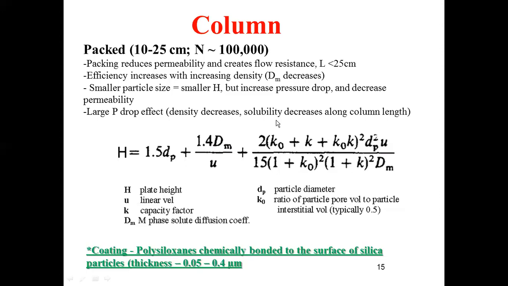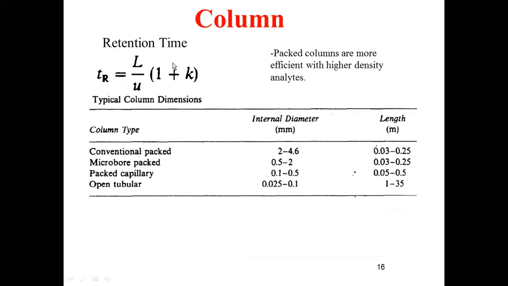So you can see here how the retention time in supercritical fluid chromatography is related to the mobile phase linear velocity. The retention time of the solute, after which the solute is going to be eluted from the chromatographic column, is inversely proportional to the linear velocity of the mobile phase.